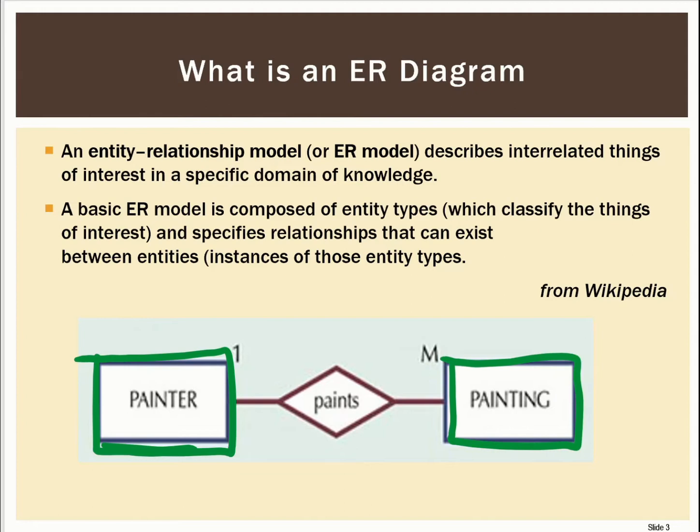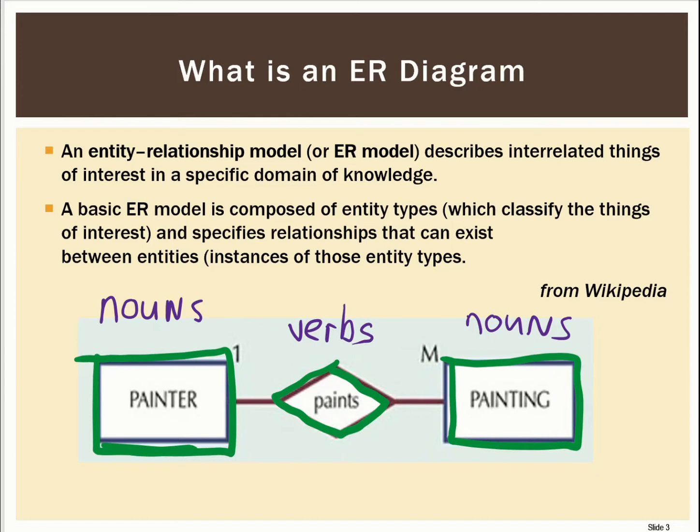But the ER model also specifies relationships that can exist between these entity types, and the relationships are diamonds. And so the relationship between a painter and a painting is that a painter paints a painting. Oftentimes, we will see entity types referred to as nouns. And we will see relationships often as verbs.